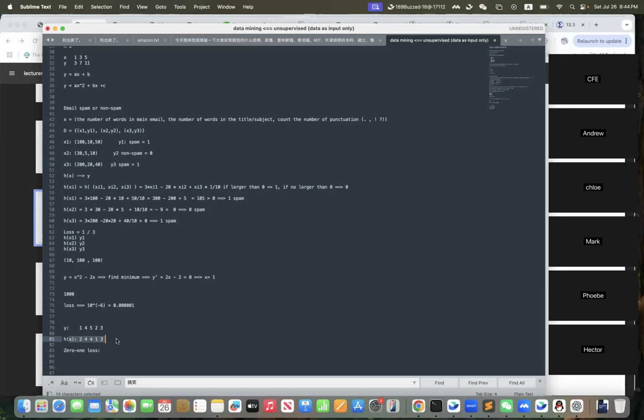See, 0-1 loss. Why do we introduce it as the first loss function? Because it's very easy to calculate. It's just the error rate. You make 3 errors out of 5 data points, then the 0-1 loss is just 3/5. See, you don't even need a pen.